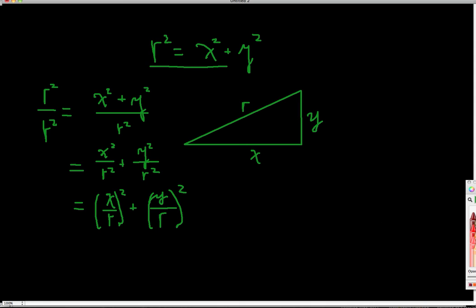But you remember we have x divided by r is equal to cosine of the angle, say cosine theta, where this is angle theta right here, and y divided by r is equal to sine of theta.